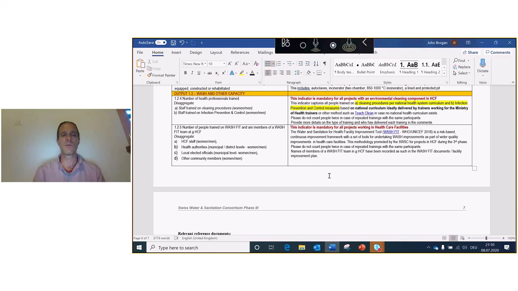And finally, the number of people who are using WASHFIT. Again, this is our implementation methodology. So WASHFIT is the facility improvement tool. There are teams formed who are trained on WASHFIT and who participate as a team member.